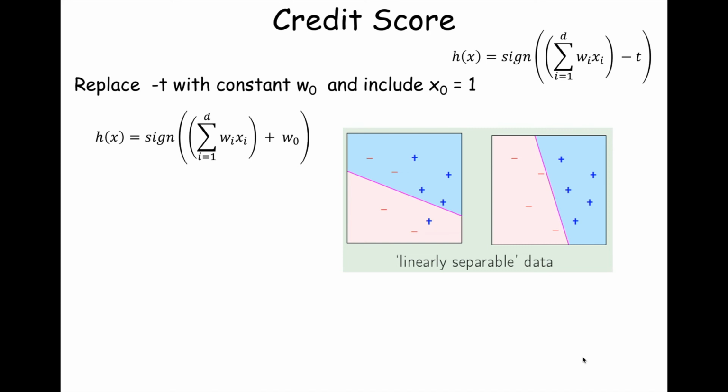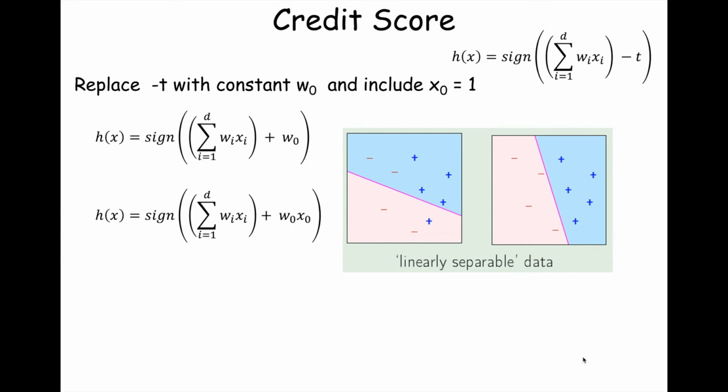So I can sum together the first d terms in the weighted sum, and then add this to it. Or I make the observation that, wait a minute, I have x in a subscript, I have w in a subscript. I'm just going to fold that into the summation and have my index change accordingly. Does that make sense?